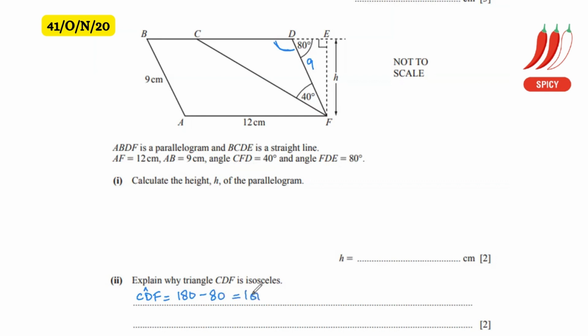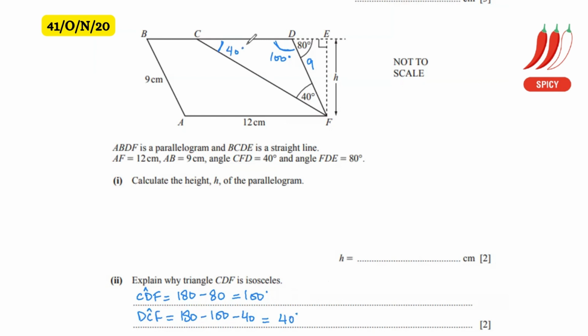That's 100 degrees. So this is 100. Now if you find the third angle, DCF, that's going to be 180 minus 100 minus 40. That's 40 degrees. So what is the condition for an isosceles triangle?